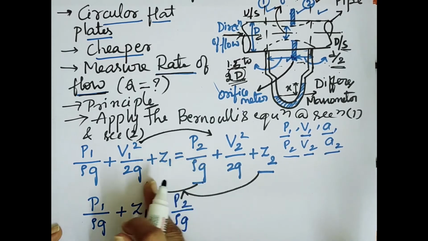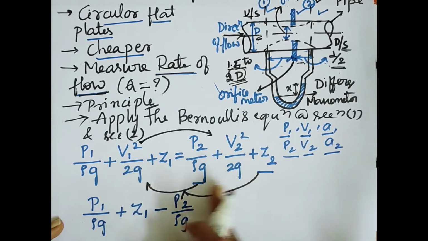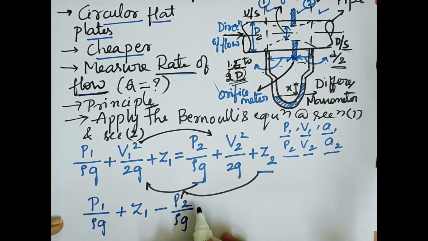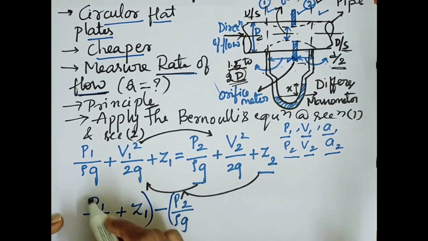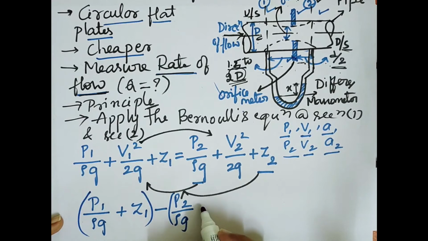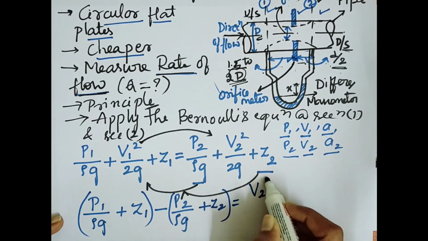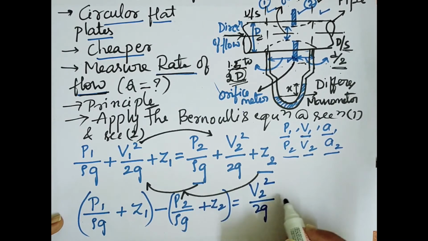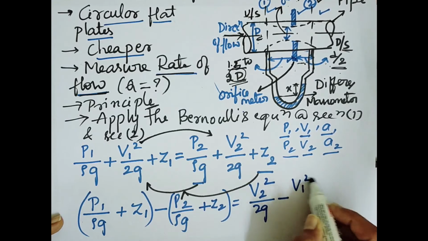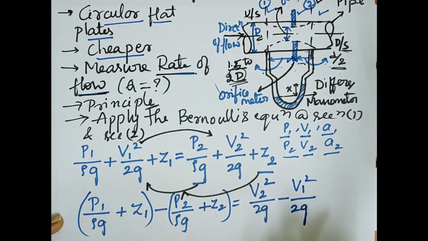So we are sending the pressure term P2 by rho g plus Z2 to the left hand side. So it will be P1 by rho g plus Z1 minus P2 by rho g plus Z2 is equal to V2 square by 2g minus V1 square by 2g.